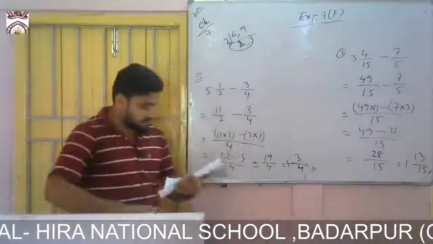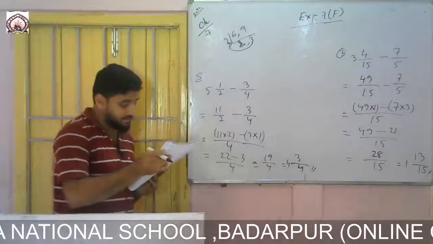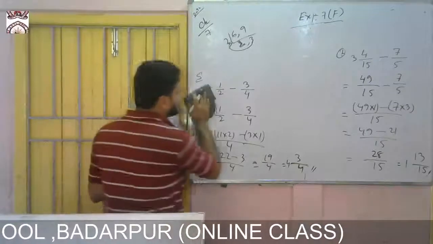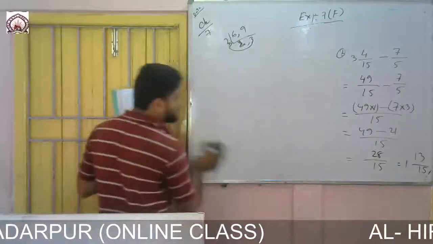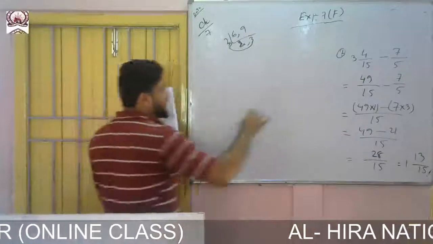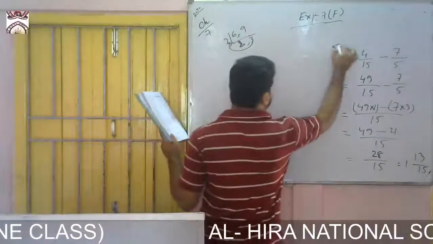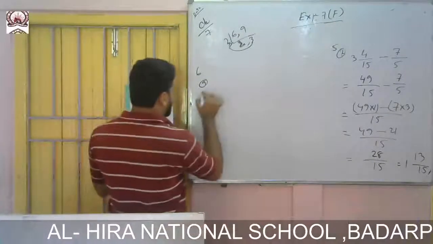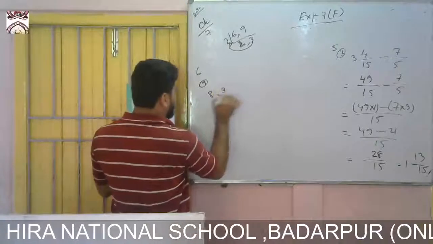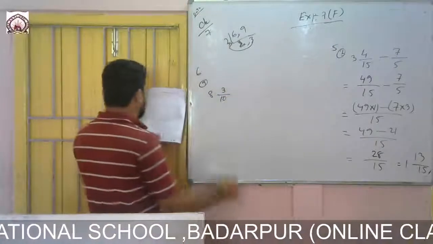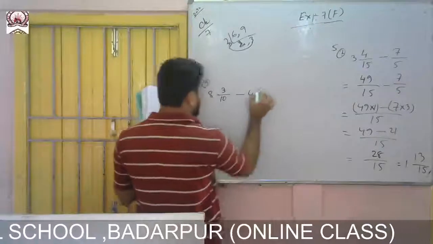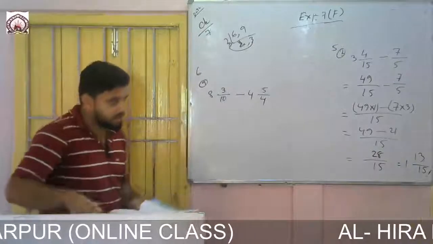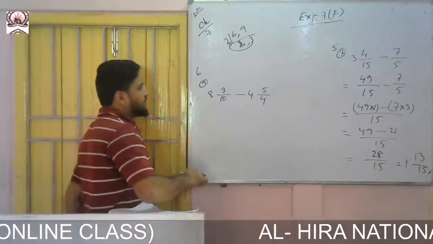Okay, now come to question number 6. 6a, you see: 8 3 by 10 minus 4 5 by 4.